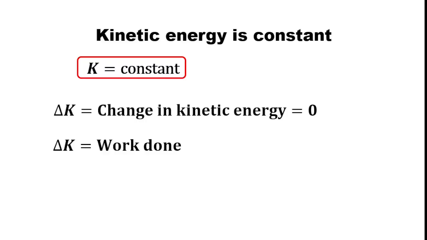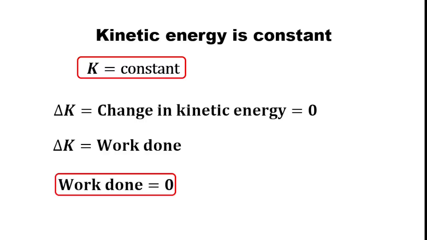So from this conservation of kinetic energy, we also conclude that the work done by the magnetic force on a moving charged particle is 0. Magnetic forces do not perform any mechanical work. Therefore, work done is 0.